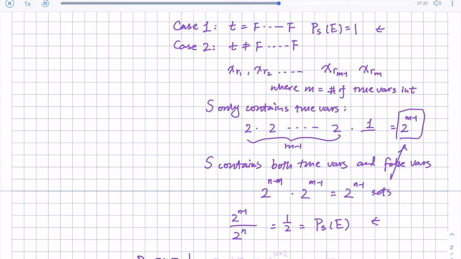So because P1 is this probability to the k plus 2, it is greater or equal to 1 over 2 to the k plus 2.